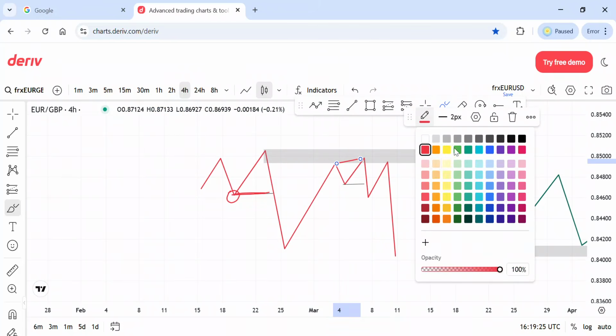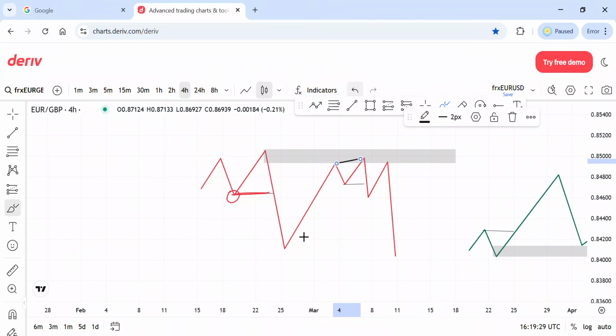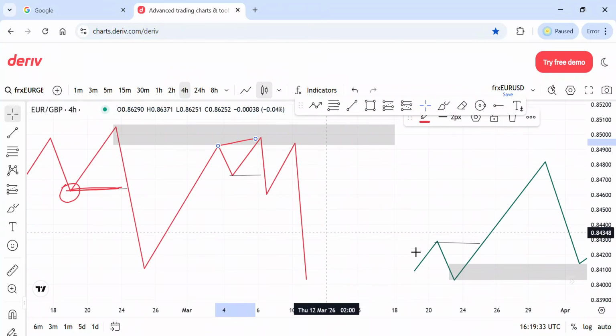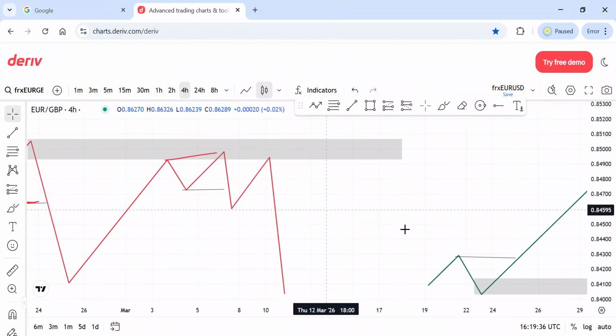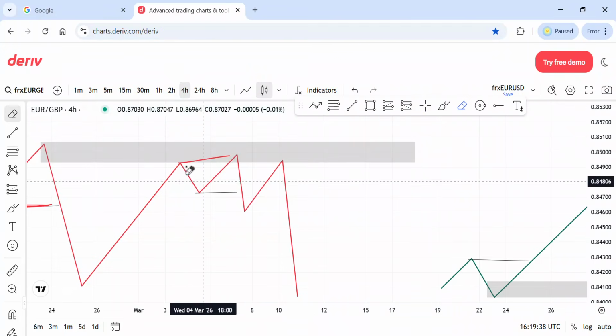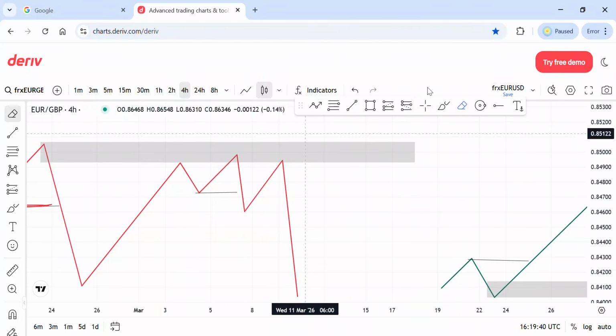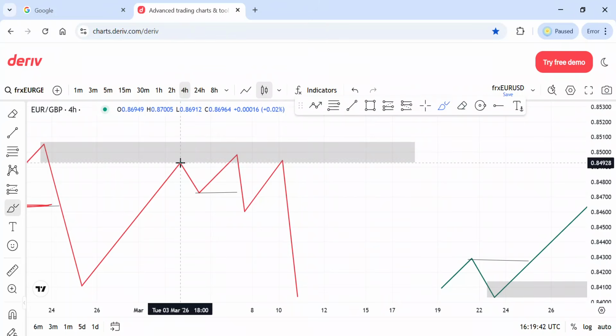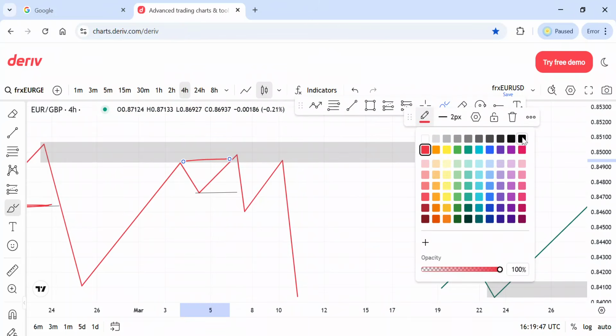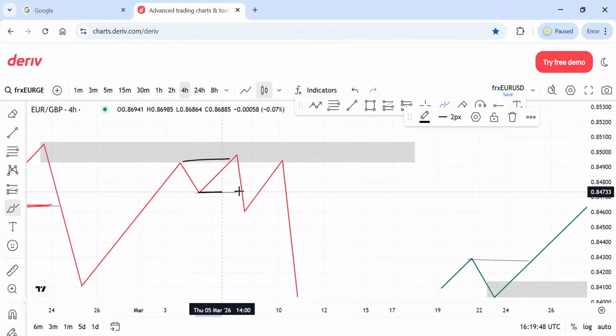As you can see, we have a liquidity being taken out from here. Maybe I should zoom in a little so that it can be clearer. So we have price taking out liquidity right here before we see this breakout to the downside.